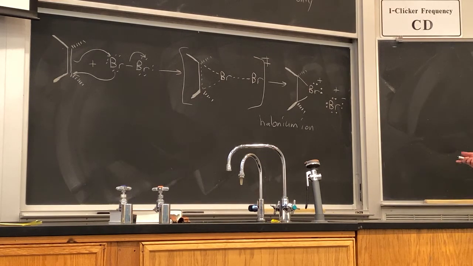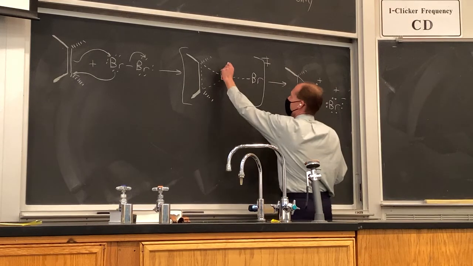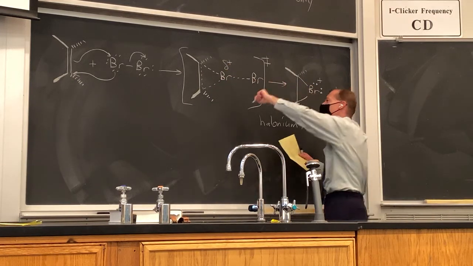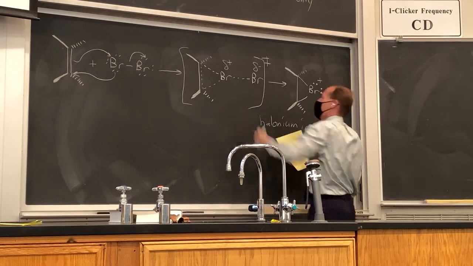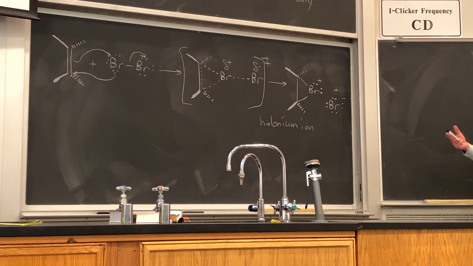So based on the products of this first step, where do we need to put partial charges in our transition state? Claire? Yep, partial positive on the bromine, it's becoming part of the three-membered ring, and then a partial negative on the bromine that is leaving, essentially.